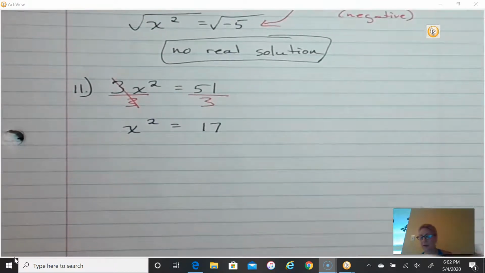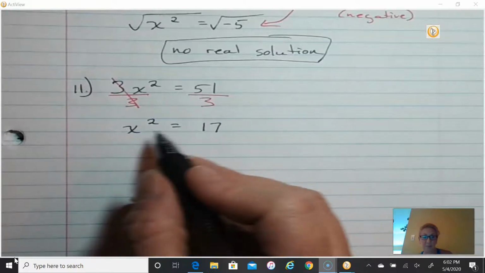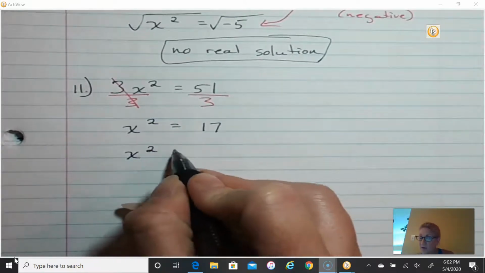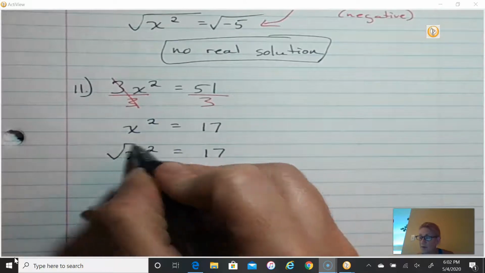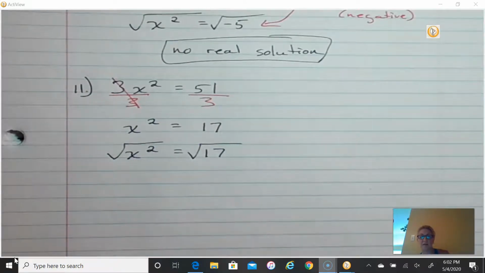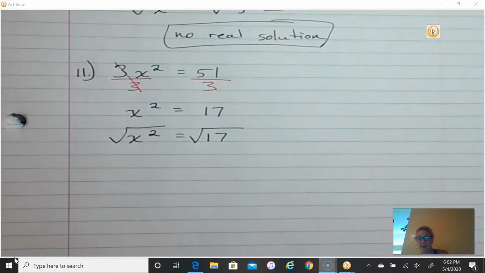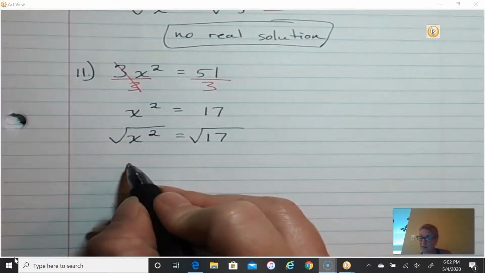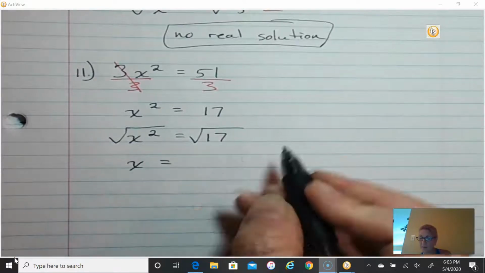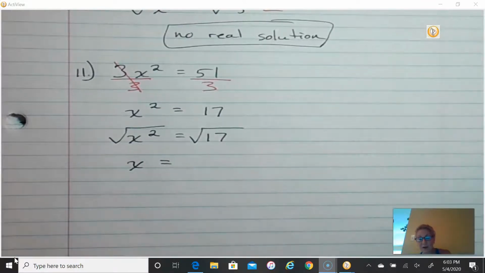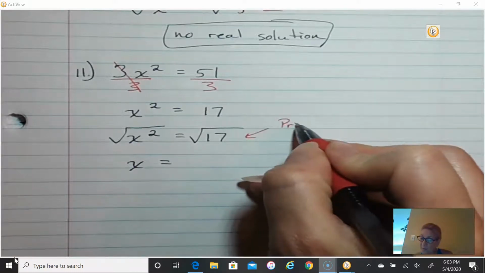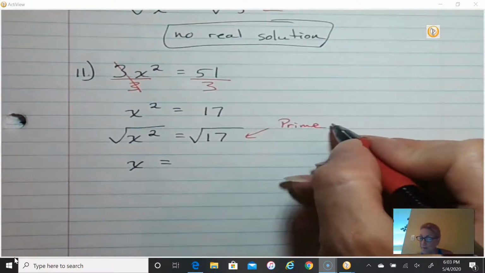Okay? Now that we've done step 1, we've isolated the squared variable. Now we are going to do step 2, which means we square both sides using the radical sign. All right, the square root of x squared is just x. 17 is prime. Now I'm going to write this down for future reference. It's prime.